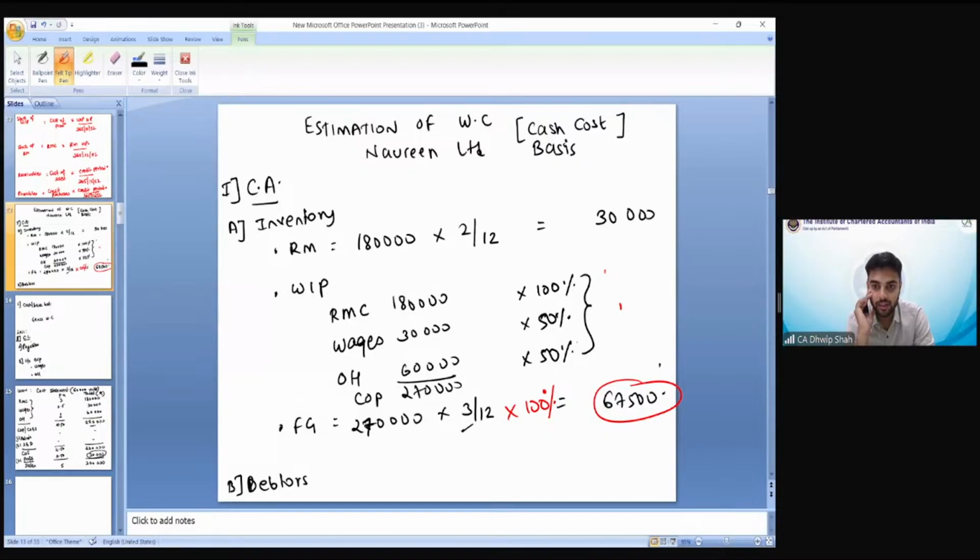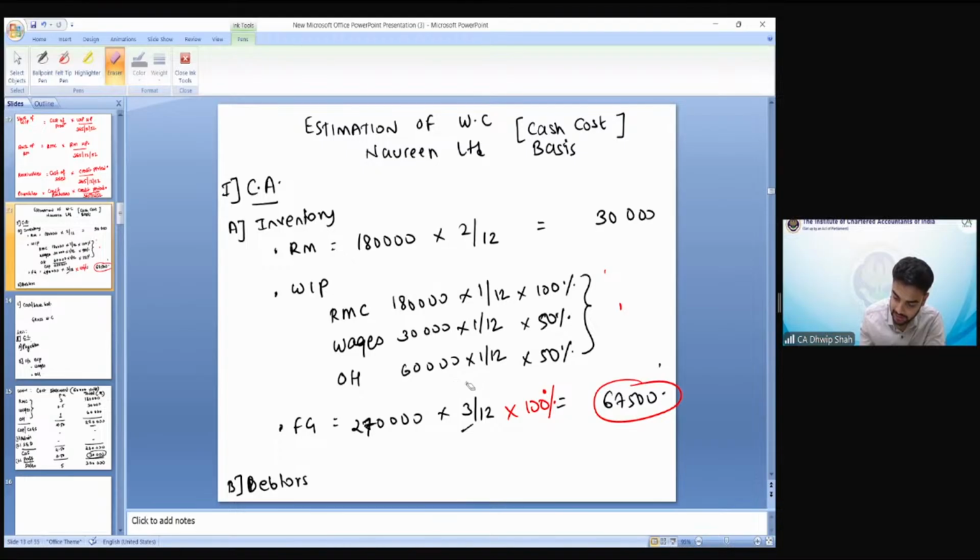Okay? Are you following? So in our present question, can I say this will be multiplied by 1/12 because my WIP holding period is 1/12. Are you following? So this is how you solve WIP. This is how you calculate WIP.